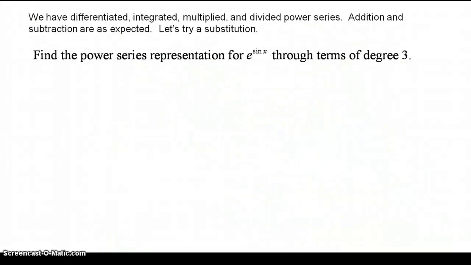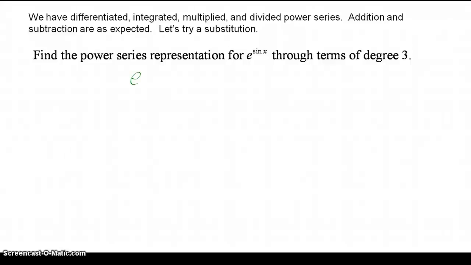All right, so we have differentiated, integrated, multiplied, and divided. Addition and subtraction, there is expected, gather like terms. How about substitution? Could we find the power series representation for e to the sine of x through terms of degree 3?